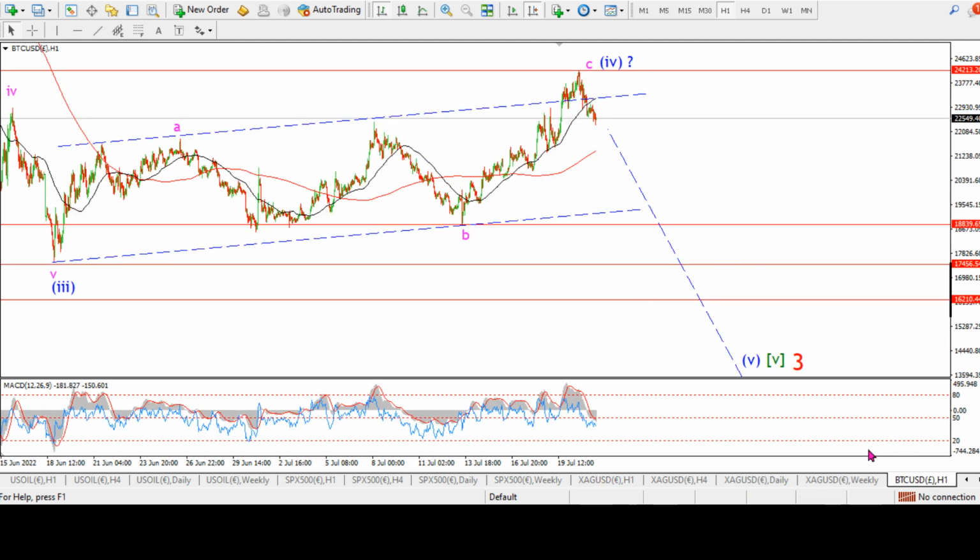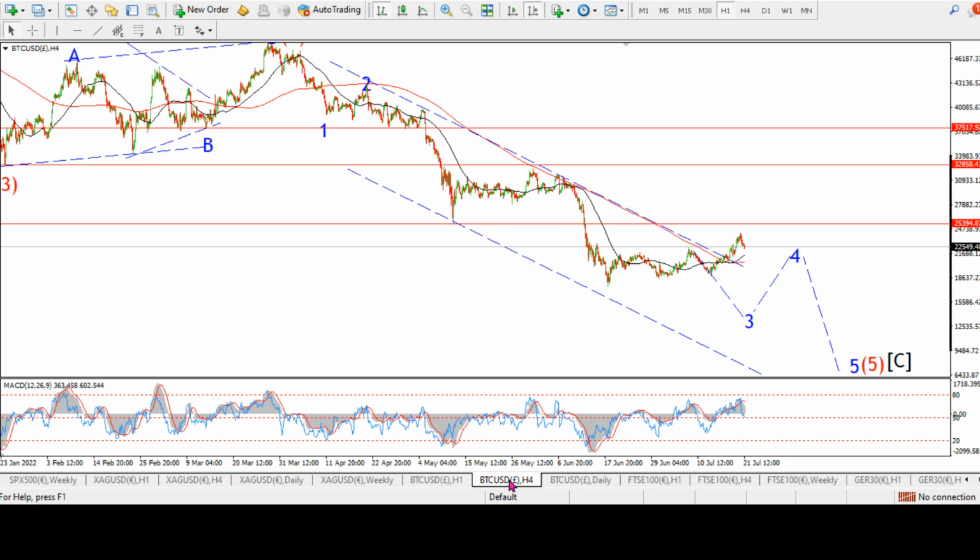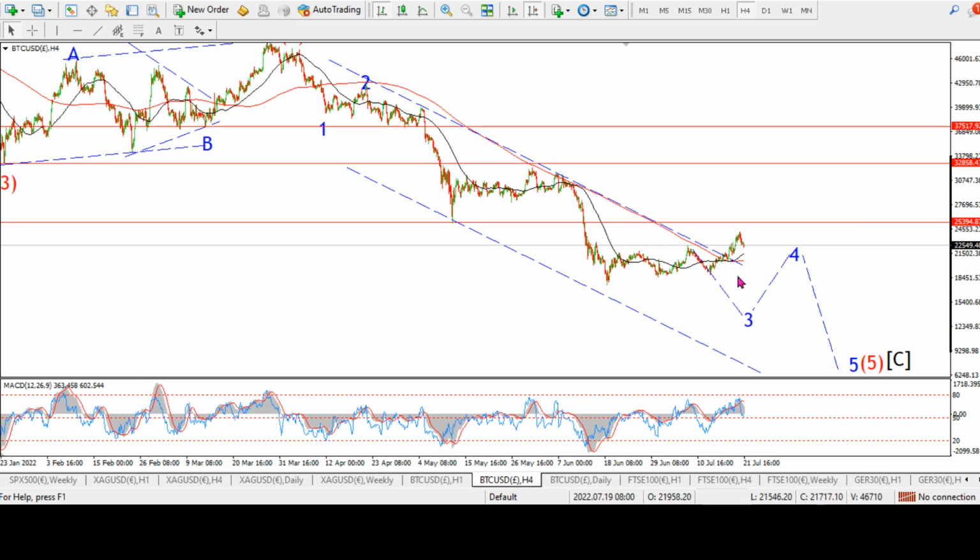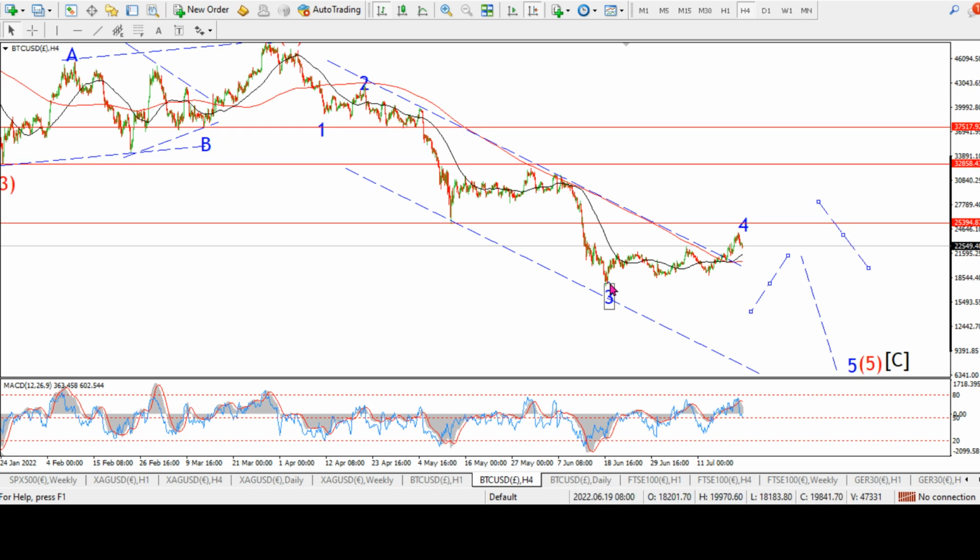Bitcoin, I'm not quite interested in Bitcoin yet. I do think that this meandering to the side has been nothing but a corrective pattern sideways. If you go to the 4-hour count here, we could be at 1 degree higher in wave 4 there. Maybe we have wave 3 complete. Not quite sure on that.